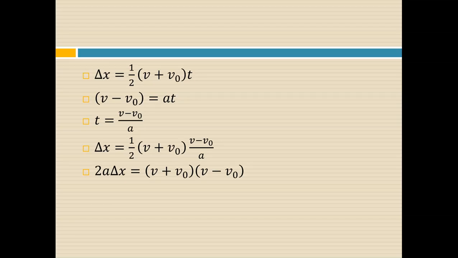Remember your binomials? Okay, so that means 2a delta x equals v squared minus v0 squared. And again, I want to get rid of the minus sign, not because it's necessary or anything like that. It's just to make it easy to memorize. So by getting rid of the minus sign, I get the equation v squared equals v0 squared plus 2a delta x.